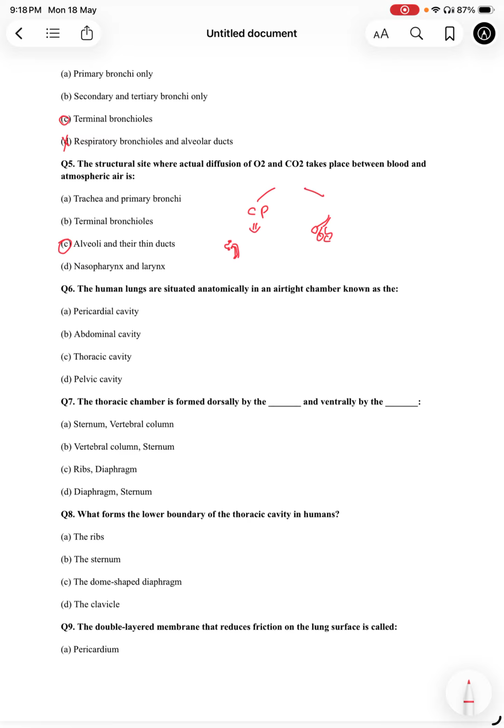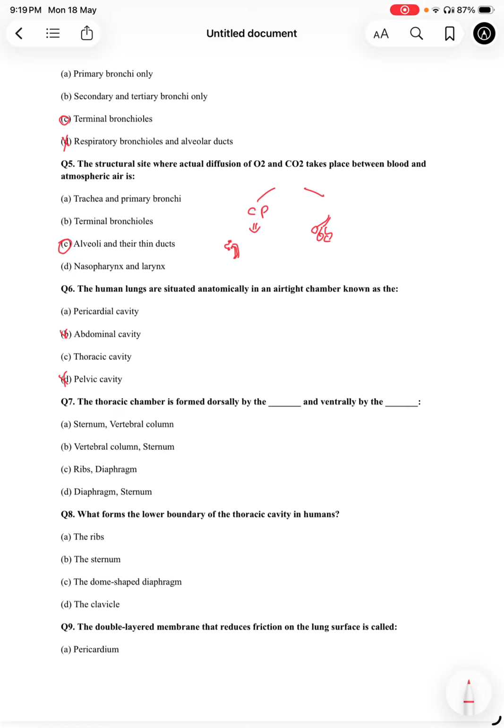Okay, now the next question. The human lungs are situated anatomically in an airtight chamber known as. This is very easy, but suddenly when we see this, we get confused between pericardial and thoracic. Directly we can cancel out abdominal and pelvic.